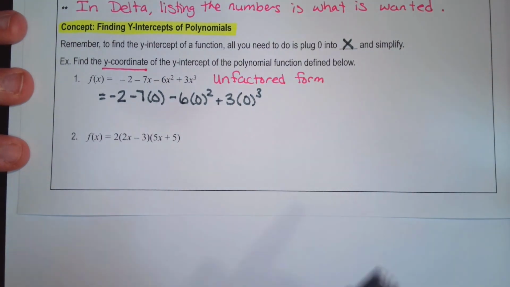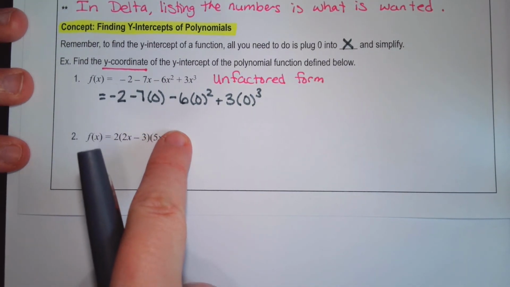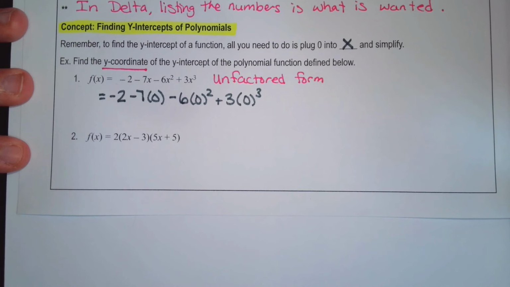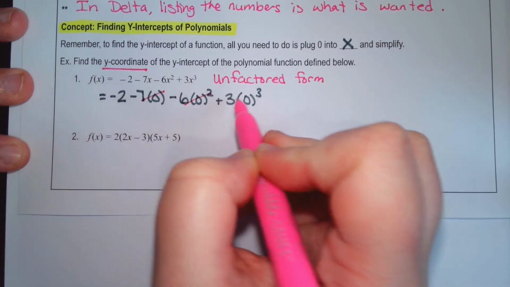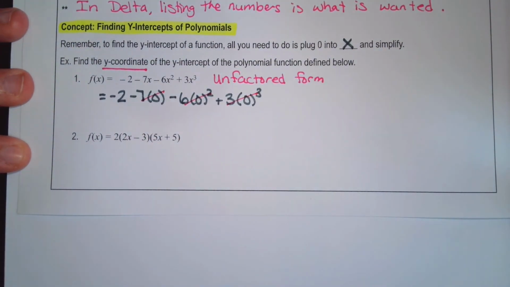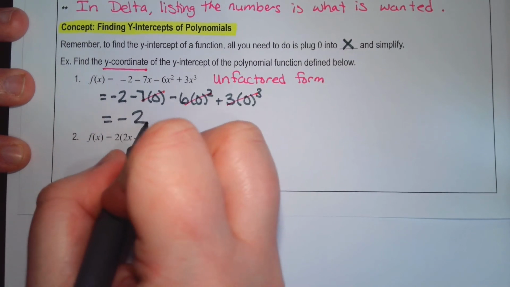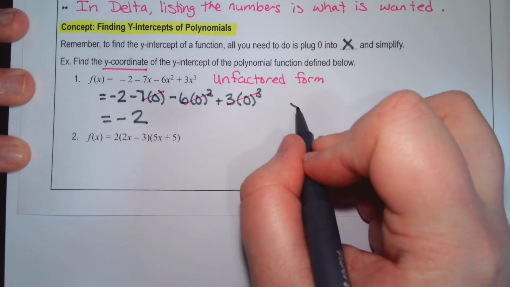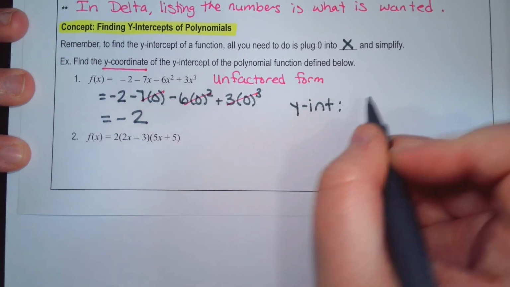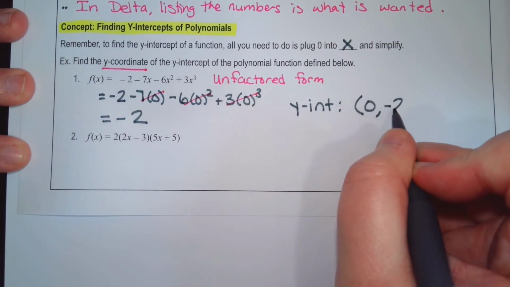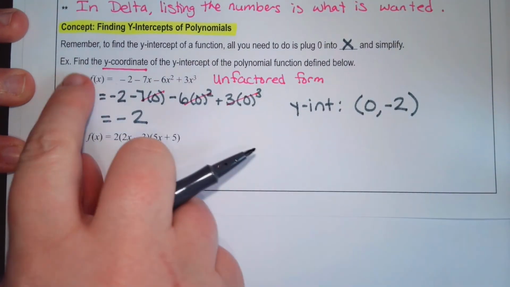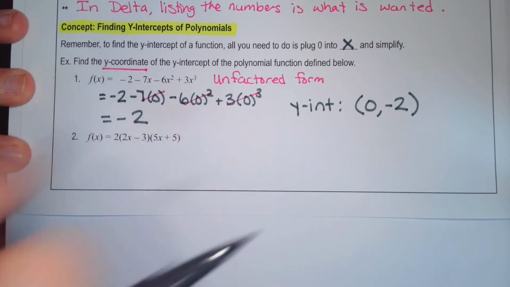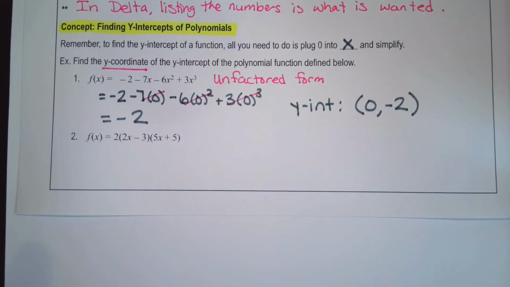And then simplify. What's nice about the unfactored form? Well, all these zeros just end up canceling out, so we're left with -2. So our y-intercept is going to be at (0, -2). Remember, it needs to be written as a coordinate point for the y-intercept.